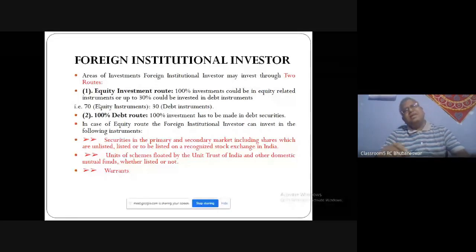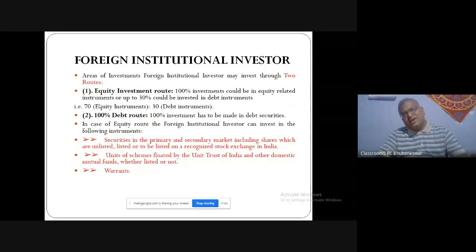But what is FII? Some time ago, one student asked me, sir, what is FII? It is foreign institutional investor. And who are the foreign institutional investors?